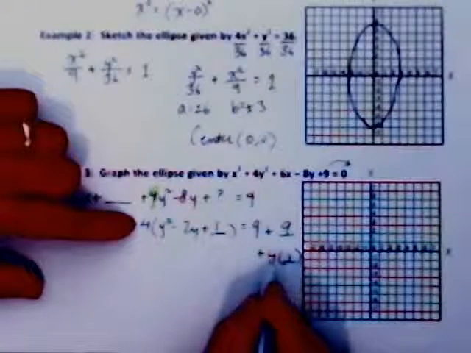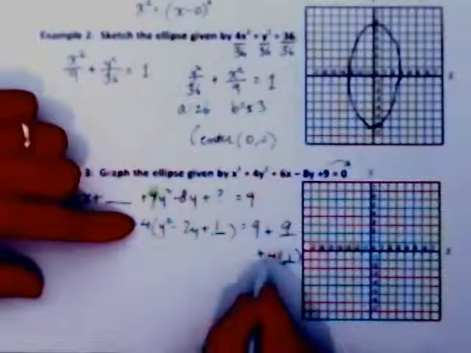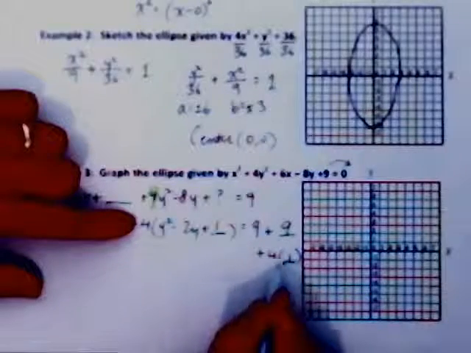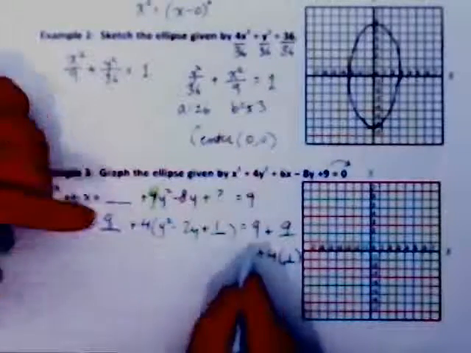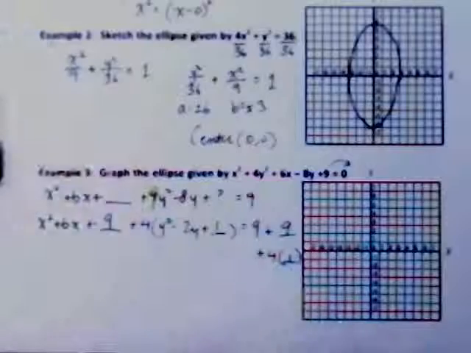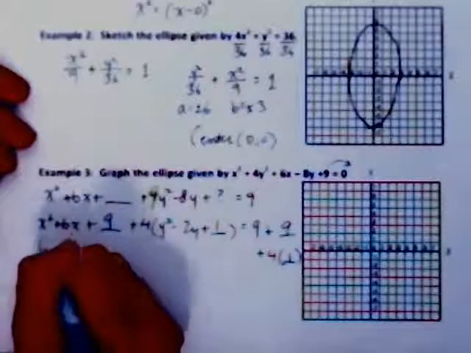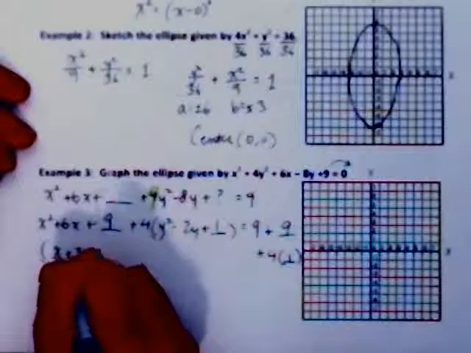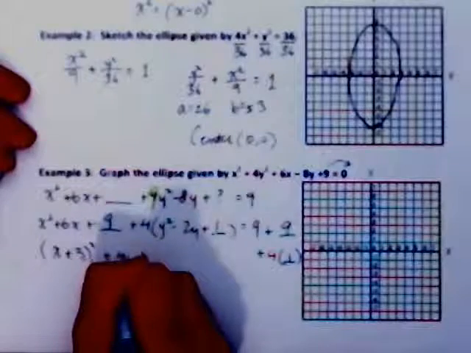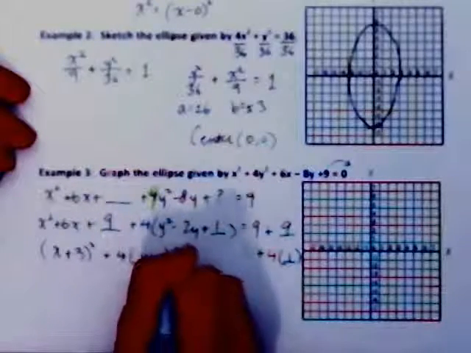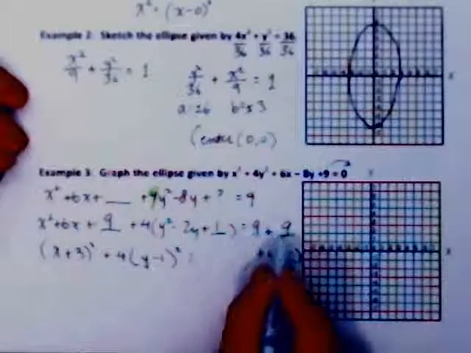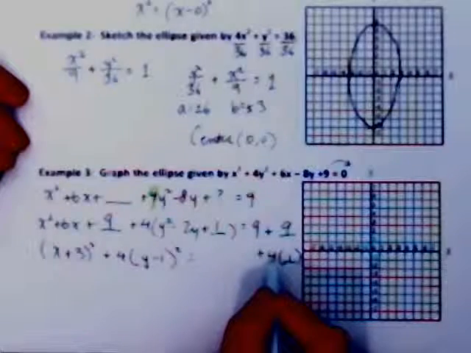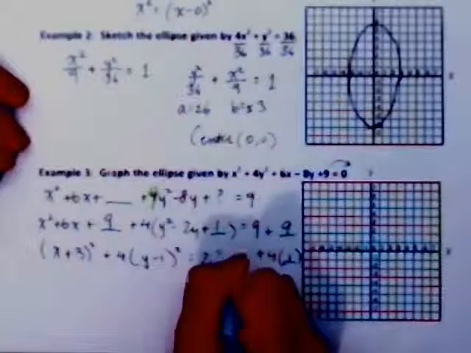I wrote that in. A lot of you are going to make this mistake of not writing 4 times 1, so that's why I always preset this to 4 times something. Completing the square, we get x plus 3 squared plus 4 times y minus 1 squared. It's going to be 18, plus 4 is going to be 22.